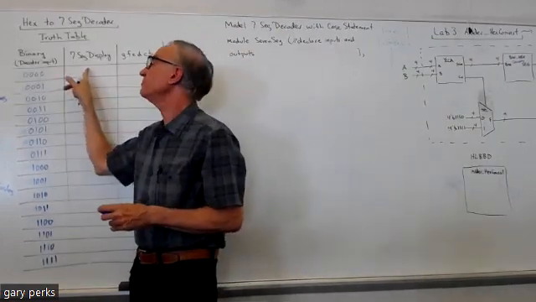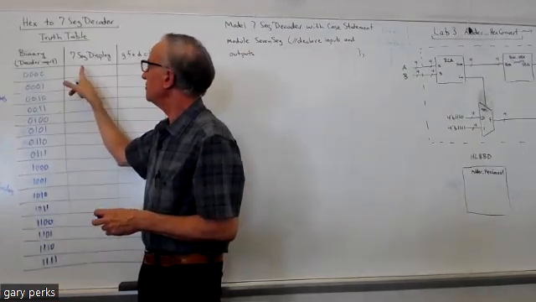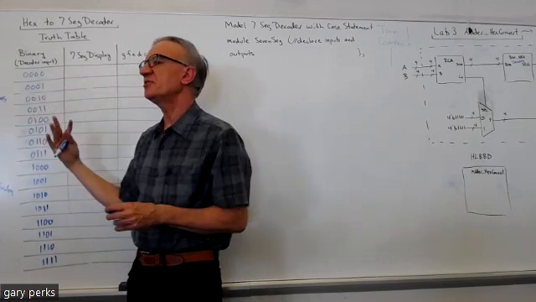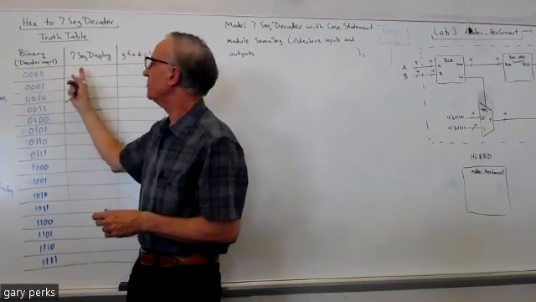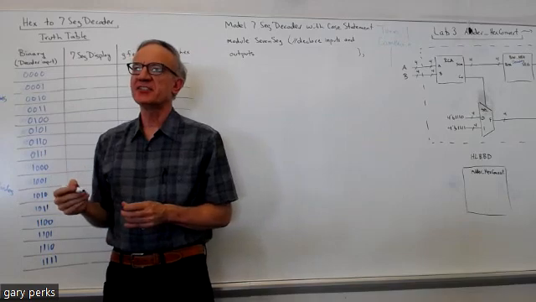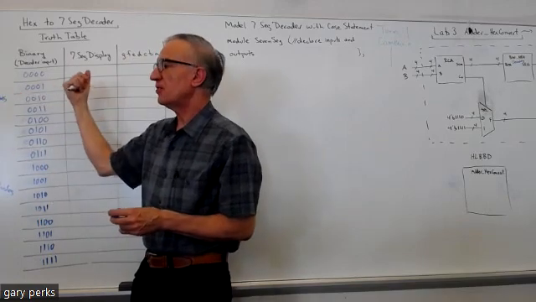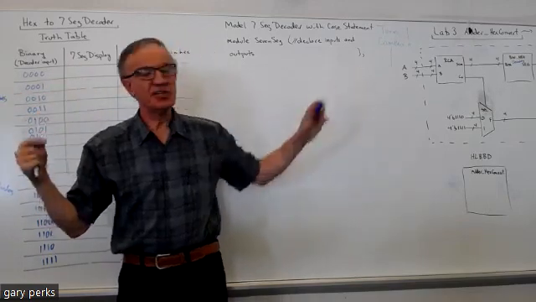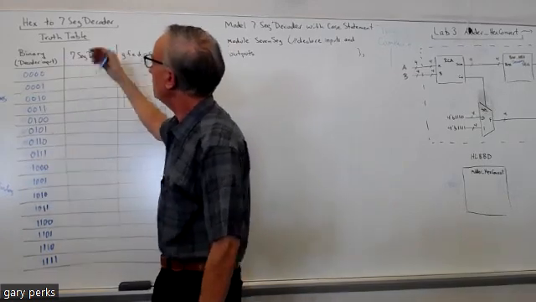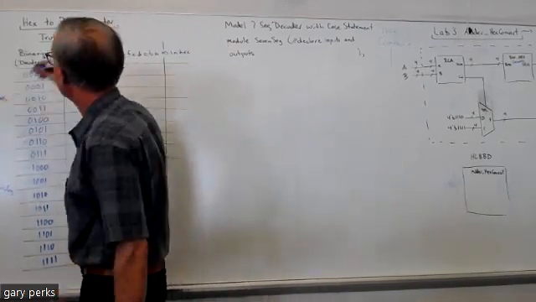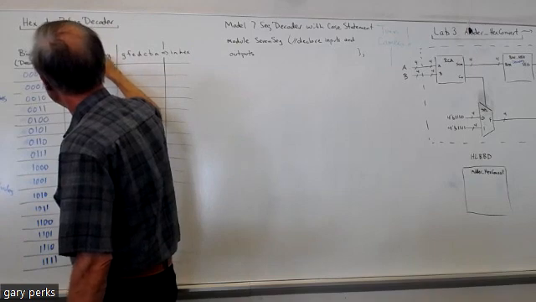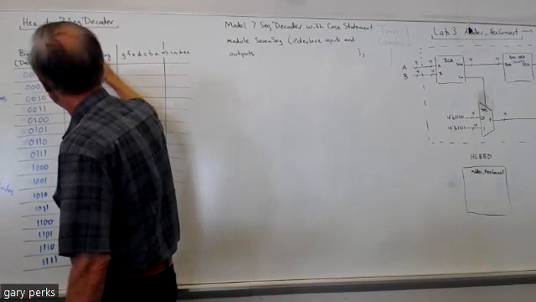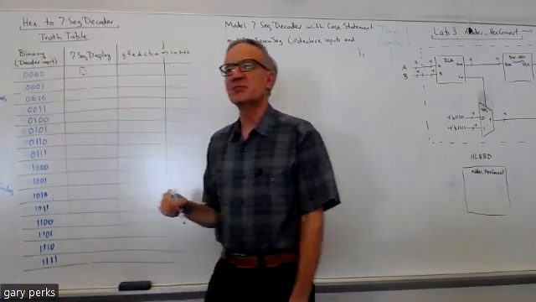Now, in the next column, I'm going to show which segments have to be lit to show this binary as a hex character. So if I've got 0 going into my decoder, I would want to show a 0 on this display, which means I would need the A segment lit, the B, the C, the D, the E, the F, but I would not want the middle segment to be lit.